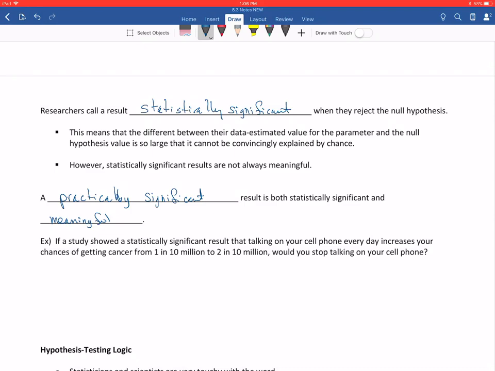What if a study came out tomorrow that showed a statistically significant result that talking on your cell phone every day will increase your chance of getting cancer from 1 in 10 million to 2 in 10 million? Would you stop talking on your phone immediately? I'm going out on a limb here, and I'm guessing for most of you it's probably not. For me, it's probably not. So this is not a practically significant result.